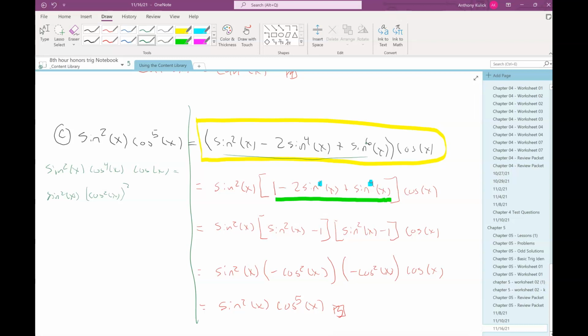The only way that's going to happen is to get it into terms of sines and ones, so the Pythagorean identity is my only option there. Right? So much easier. And then literally, I just expand that out, and then I distribute the sine squared through. And there I'm at it.